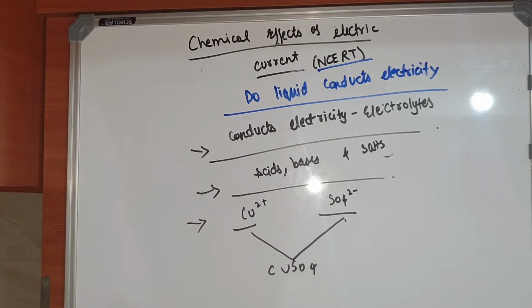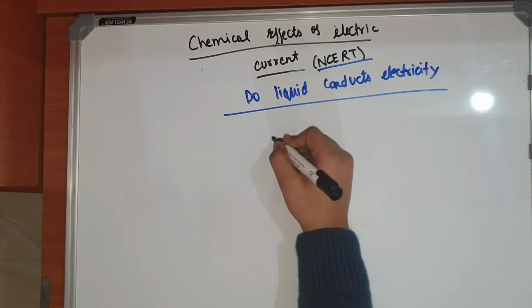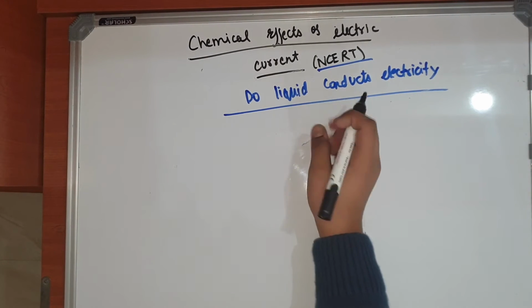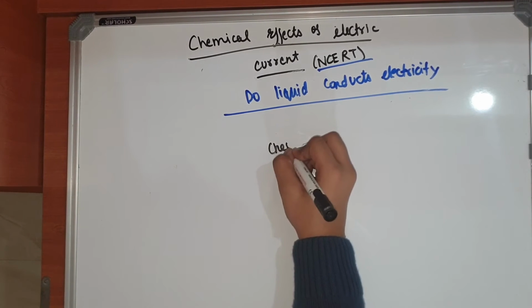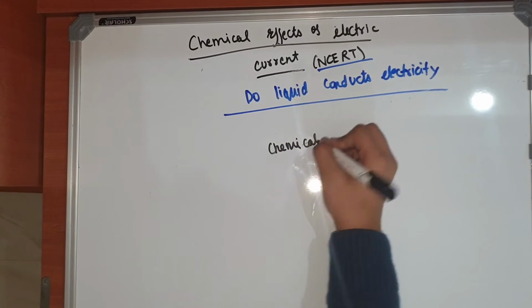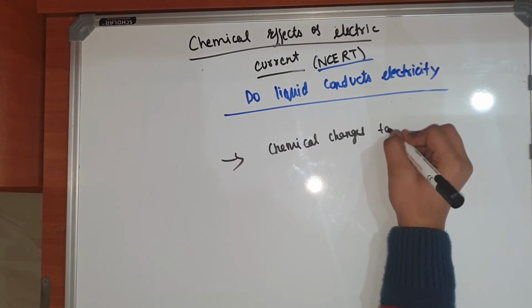So the next property is when electricity is passed through a solid, no chemical changes take place. But when electricity is passed through liquid, chemical changes take place.